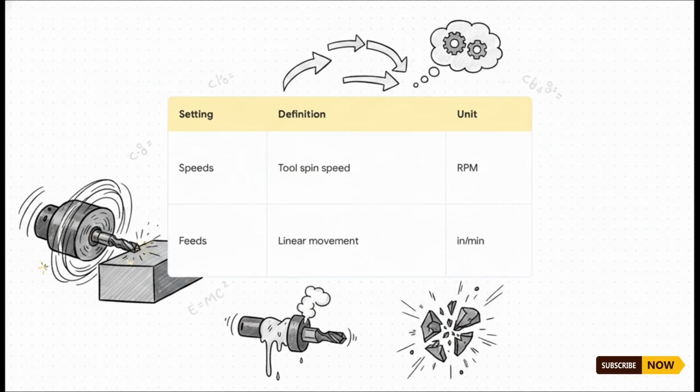Failing to properly balance these two variables for your specific material leads to absolute disaster. If you feed too slowly in a soft material like aluminum, the friction builds immense heat. The aluminum literally melts, friction welds itself right into the flutes of your cutter and snaps the tool. If you feed too fast in a hard material like steel, the mechanical force just shatters the carbide instantly. Catastrophic tool failure is loud, it's expensive, and it's completely avoidable if you just do the math.